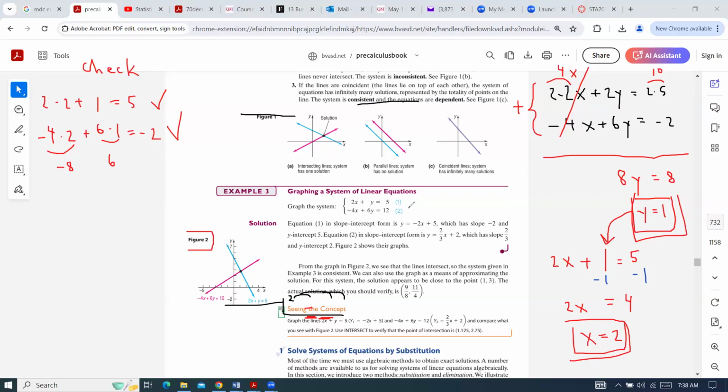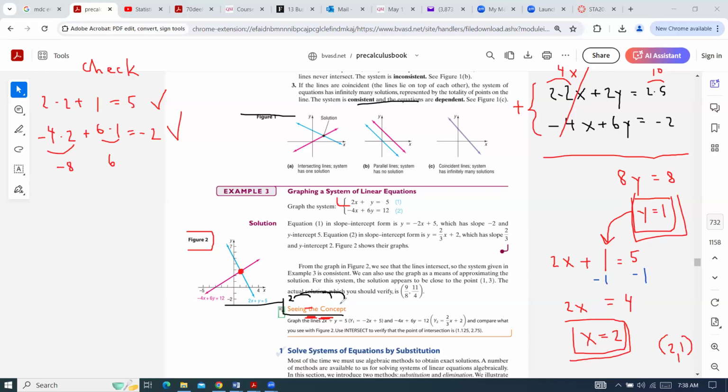So they graph the first equation, which is a line in here, and it's like a blue line, looks like. And the second equation is graphed as a red line. And they found the point of intersection, the pair that we just found, the point with coordinates positive 2 and 1.